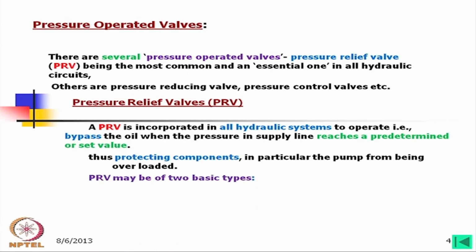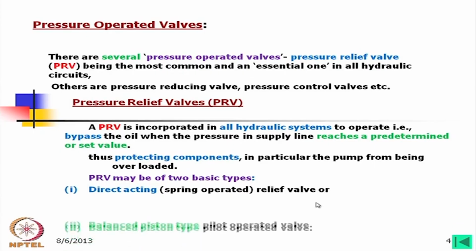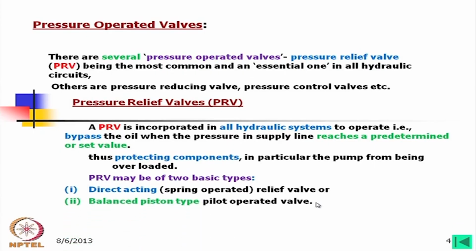PRV may be of two basic types: one, direct acting spring operated relief valve, or two, balanced piston type pilot operated valve.